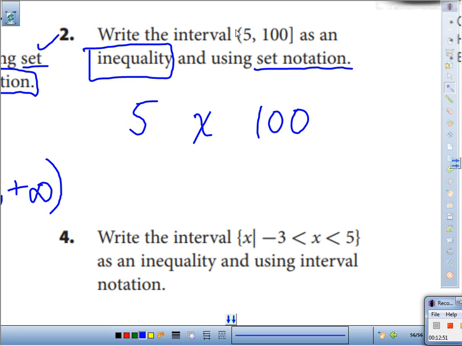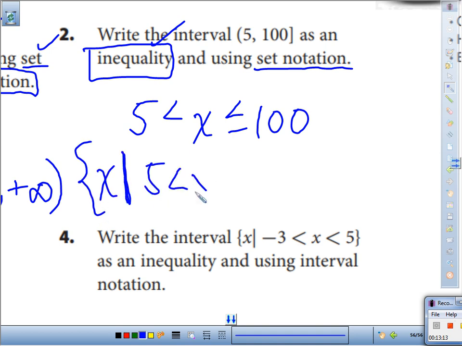It says that 5 is not included, so I'm just going to do the arrow that way. Is 100 included? Yeah, so it's an arrow, but with an equal sign. That's the inequality. Let me write the set notation. Solution set of x such that 5 is less than x, less than or equal to 100. Hands if you got that. Yeah, a piece of cake. Yes? We got this. Go to number 3.